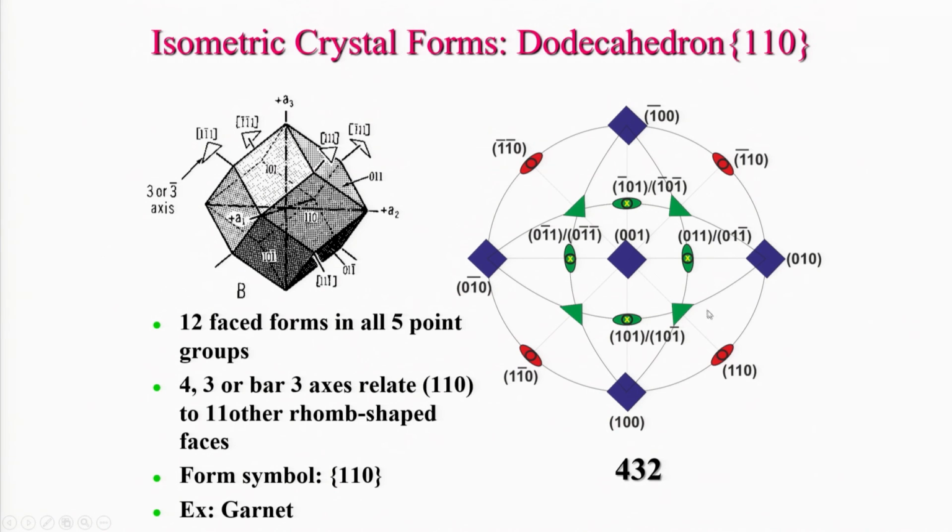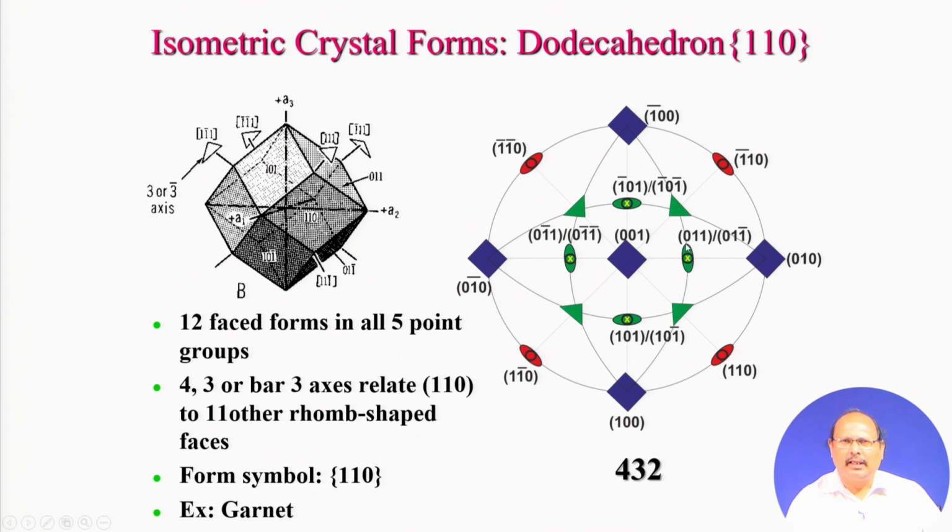So, if you have this triangle here, this is the triad. What will happen here is that this threefold axis of symmetry will act upon this, and I told you that at 120 degree position, this 1 1 0 face will come here. Another 120 degree rotation, this will come here.